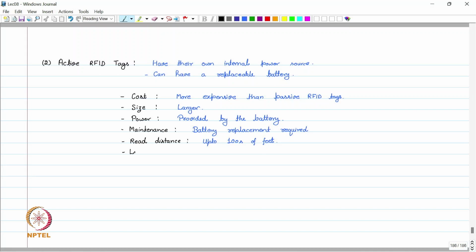Life is typically a few years, 1 to 3 years, depending upon the battery.